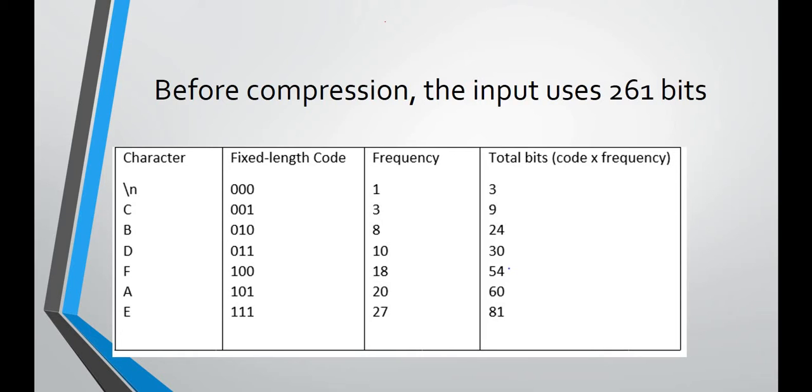Now the input has been sorted in non-decreasing order by frequency. That's why the characters with lower frequency are on the top, such as new line and C, and at the bottom are the characters with higher frequencies, such as E, A, F. If we sum up the total bits, it will give us 251 bits before compression again.